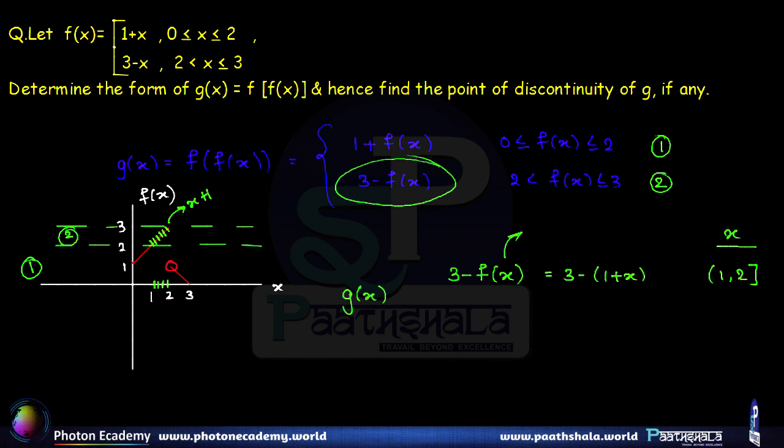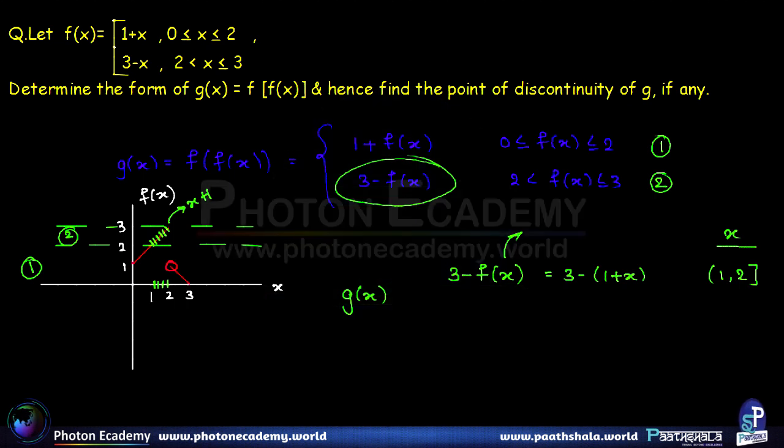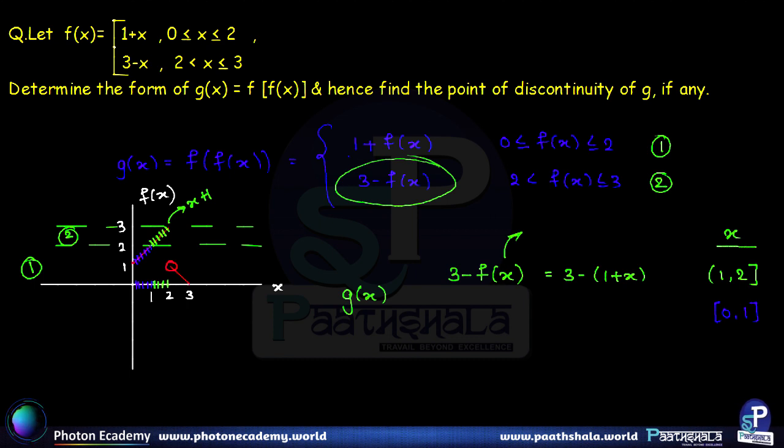Now next, let's see for f of x between 1 and 2. So it is this part, and the corresponding values of x are 0 to 1. So now it is closed interval 0 to closed interval 1, and f of x is between 1 and 2, so this definition will apply, 1 plus f of x.